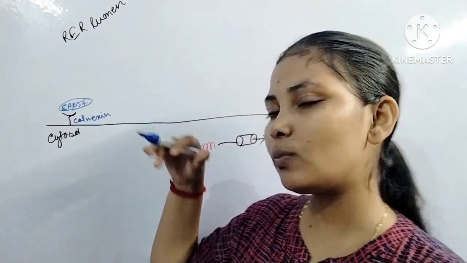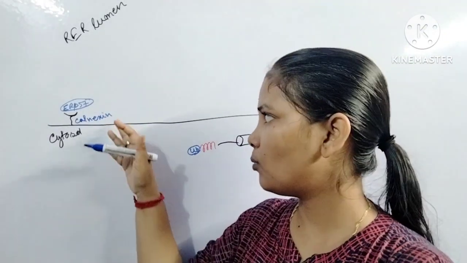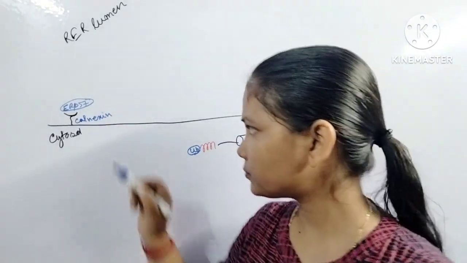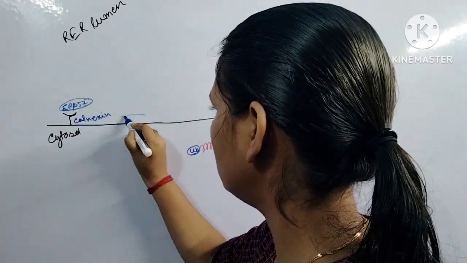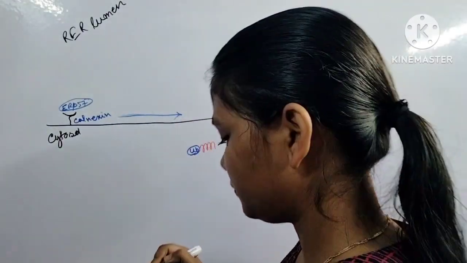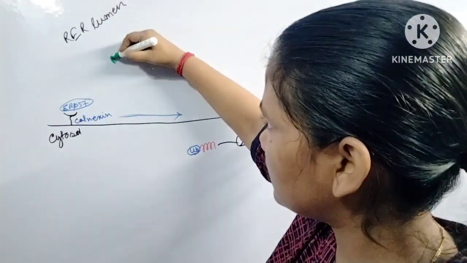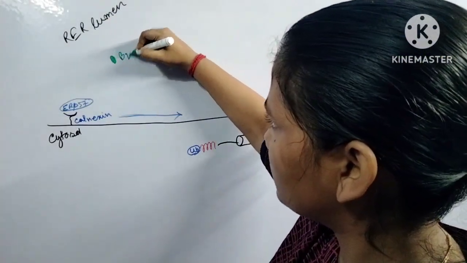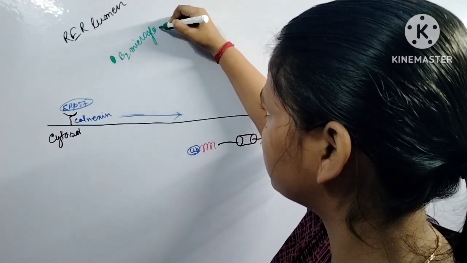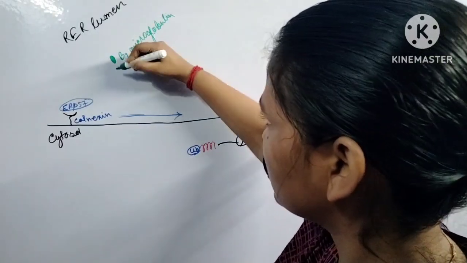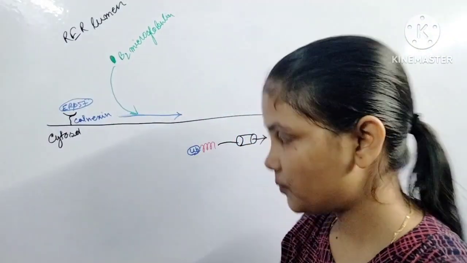So when the beta 2 microglobulin molecule binds with the alpha chain, the calnexin molecule will be removed. So in the green color this is your beta 2 microglobulin, it will associate with the MHC I alpha chain.